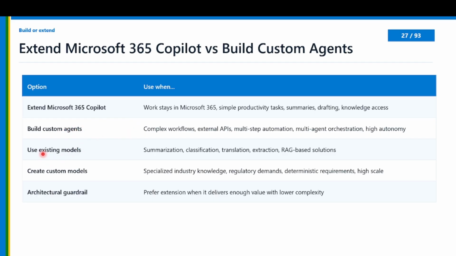Then the other option we have is to use existing models. I told you that there are existing models in Dynamics 365 and Office 365 that you can use. For example, in Fabric, Copilot has been integrated into Fabric and can help you generate code, generate visuals, summarize reports.